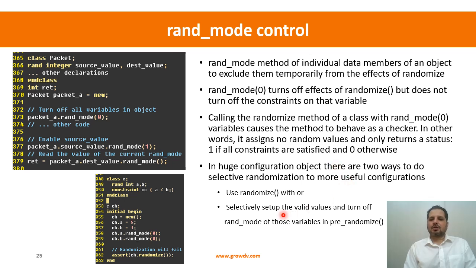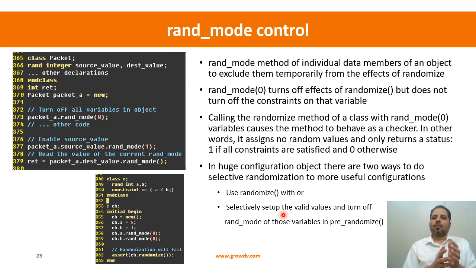Selective randomization means you want to set a few specific variables to specific values, and then let the other values of the configuration get randomized, in order to save on overall performance as well. You don't want to unnecessarily randomize everything, or your application requires you to randomize certain values to specific configurations because those are what you really want to test.